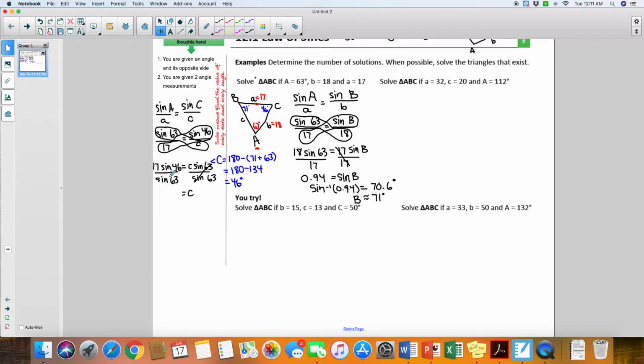When you type this into the calculator, depending upon what type of calculator you're using, make sure you put this top piece in parentheses, okay? Because it's performing more than one operation. So I'm going to do parentheses 17 sine 46, and make sure you close the parentheses.